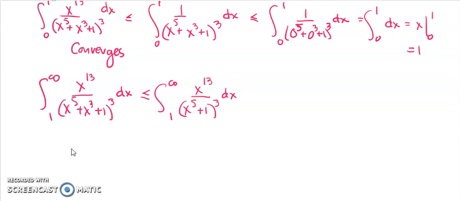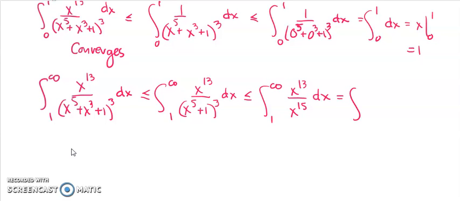Oh, but I can do that again. I can drop the 1. So that's less than or equal to the integral from 1 to infinity of x to the 13th over (x to the 5th) cubed, which is x to the 15th, dx. Again, I made the denominator smaller, made the fraction larger, so it's bounded.